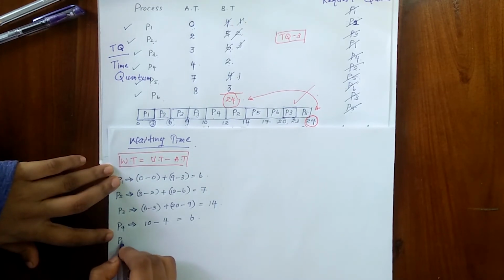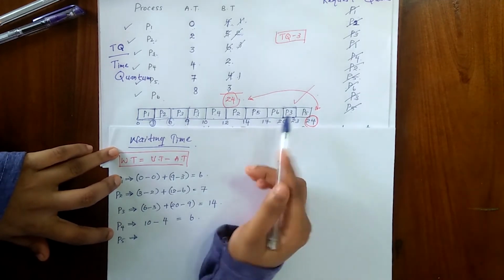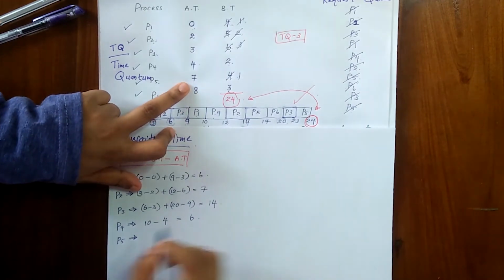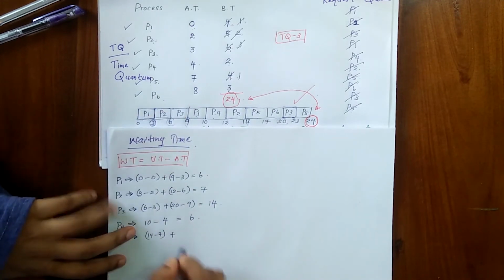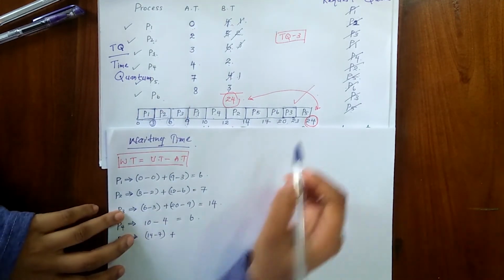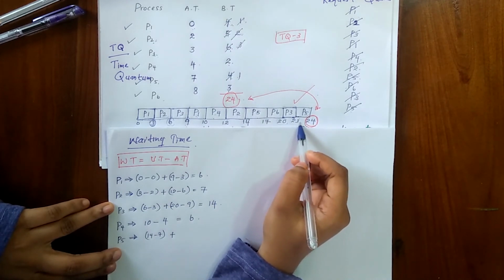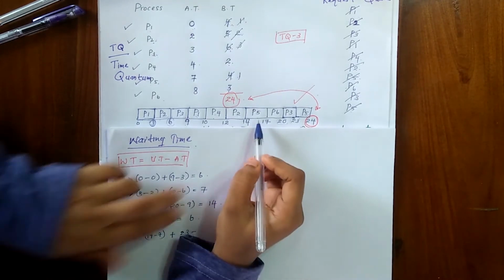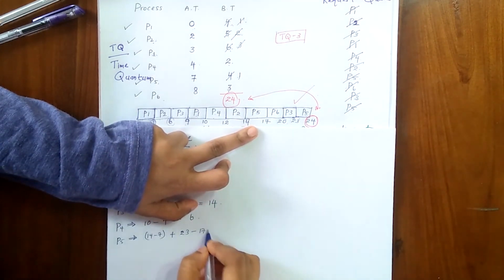And then P5. P5 there are 2. So the first one 14 minus 7, right? 14 minus 7 plus the second P5, it is here. So we have to write 23 minus first P5's right value, 17.